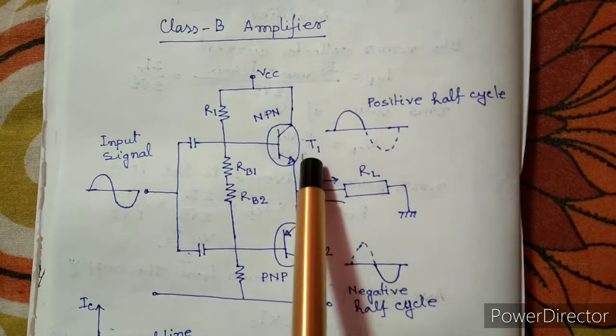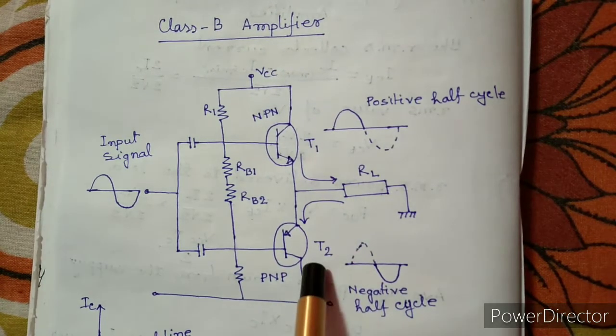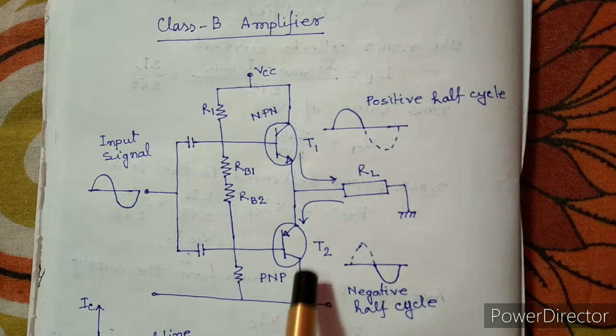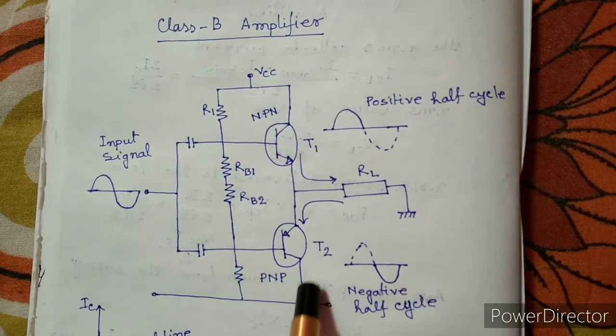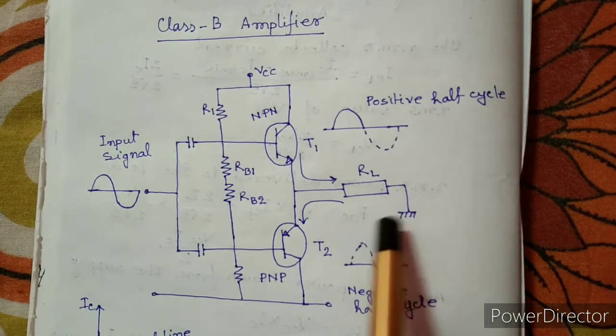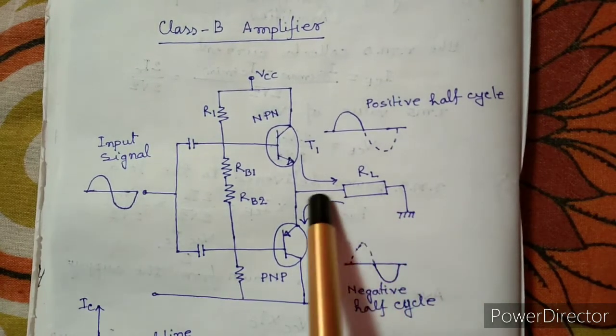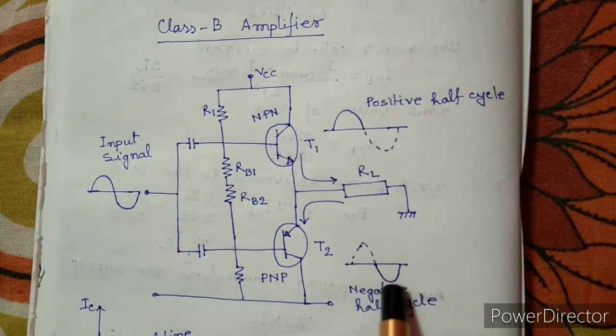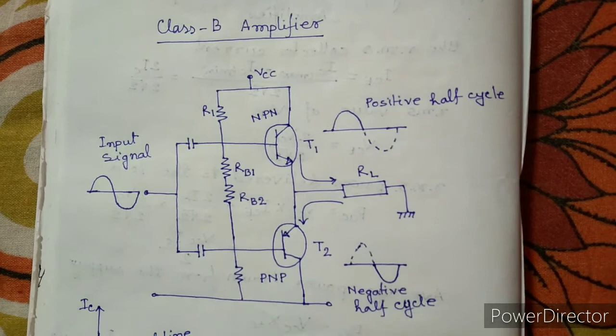So transistor T1 will be switched off and transistor T2 will be switched on, and collector current will pass through transistor T2. So the current flow direction will look like that, so that across load we will get this type of output.